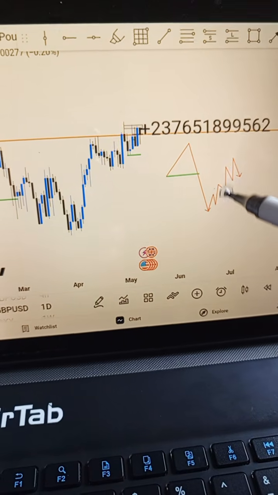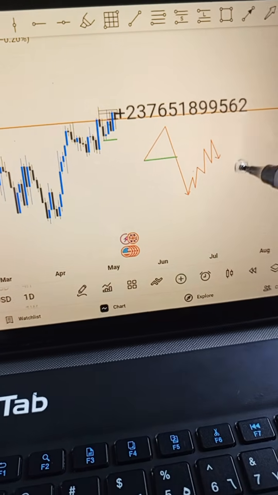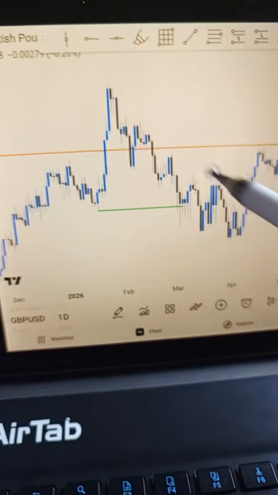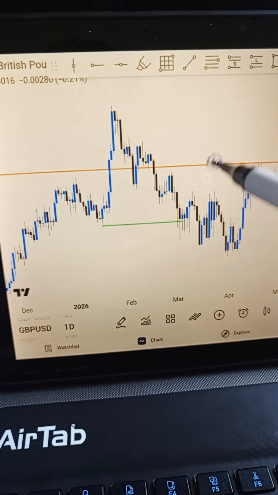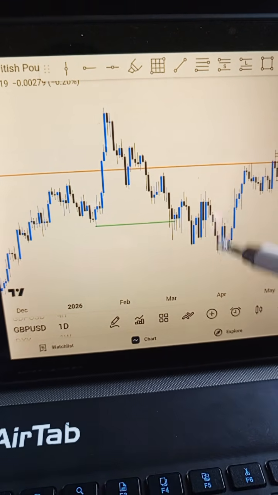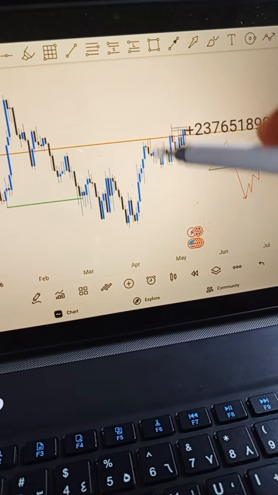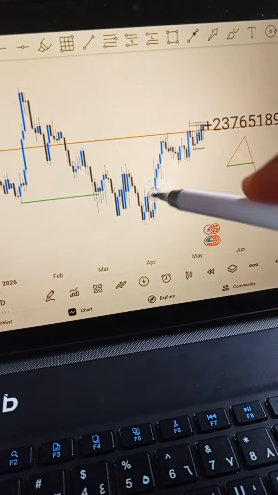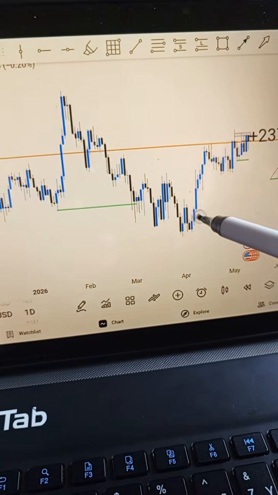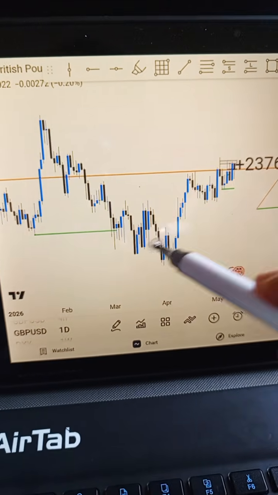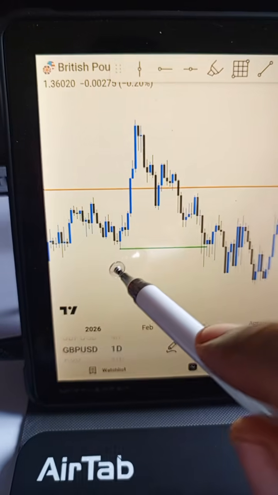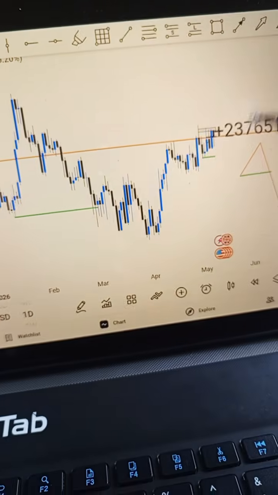So in the pullback, you have an internal small trend giving you higher highs and higher lows. Like here in this major trend, you had a small downtrend, lower highs, lower lows. It's the same thing now, higher highs, higher lows, creating an internal trend, while the major trend is what we have here.